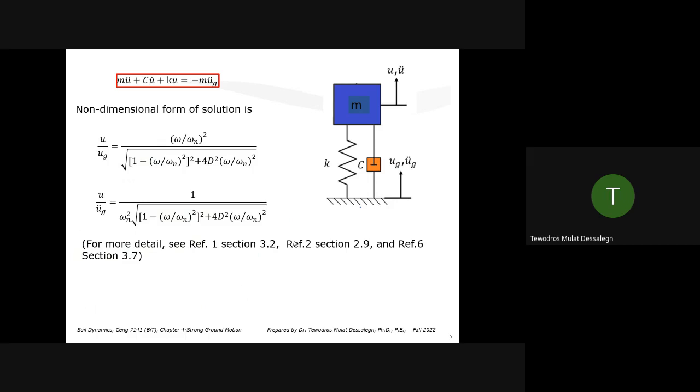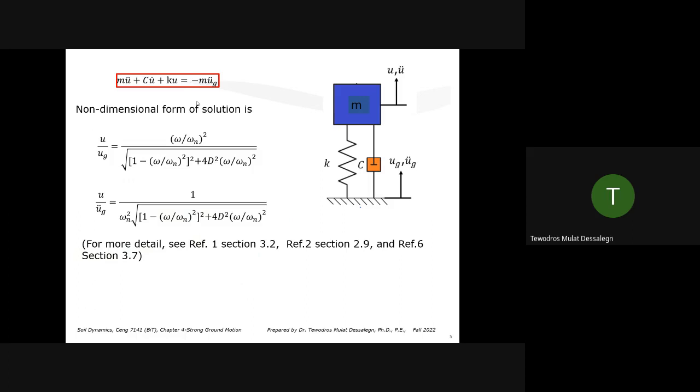Remember from our chapter 2, from the general equation of motion, especially for ground motion, we have this equation, which is the mass times acceleration of the mass, the damping times the velocity of the mass, which is a damping force, and the stiffness force, stiffness times displacement, equals the inertial force, which is the mass times acceleration from the ground.